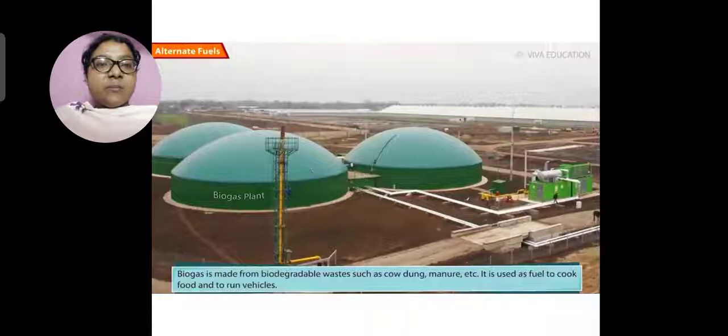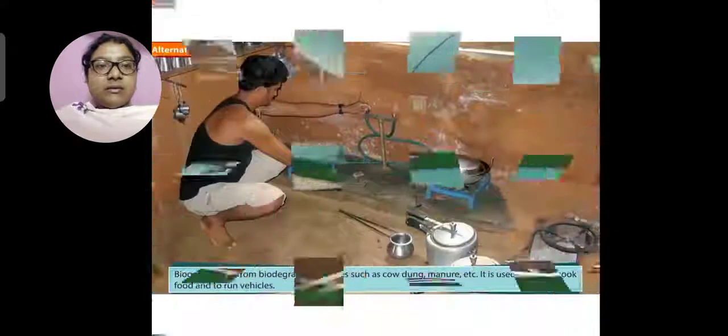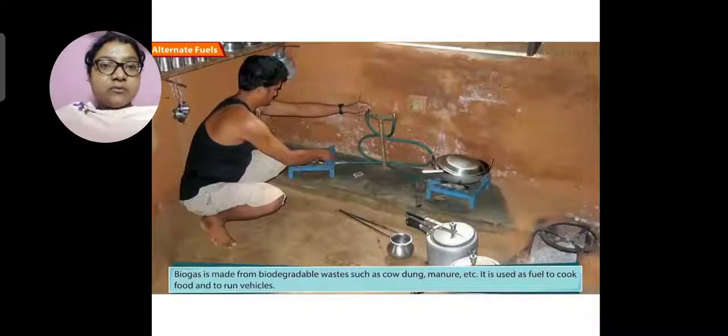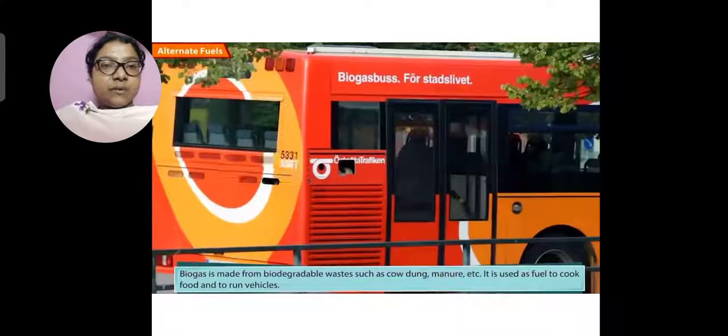Biogas is made from biodegradable waste such as cow dung and manure. It is also used as fuel to cook food as well as to run different vehicles. You can see biodegradable waste such as cow dung being used while cooking food, and to run different vehicles.